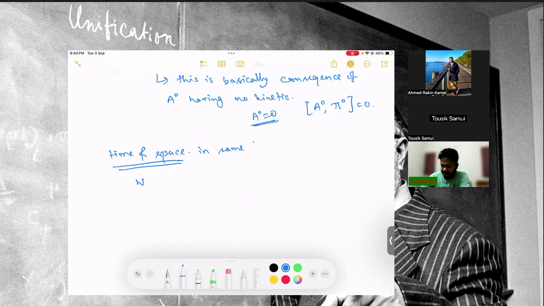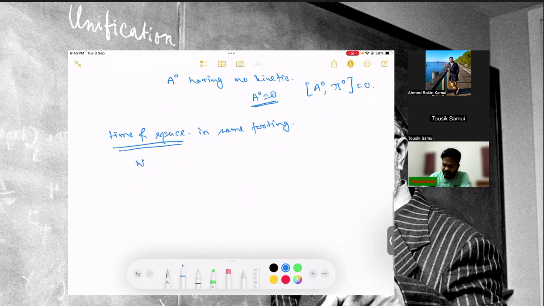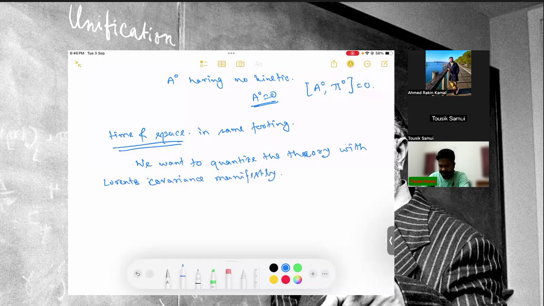We want to quantize the theory in such a way that Lorentz invariance, or Lorentz covariance, is manifest.